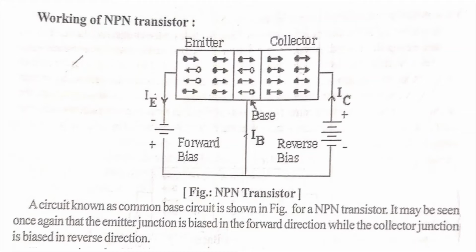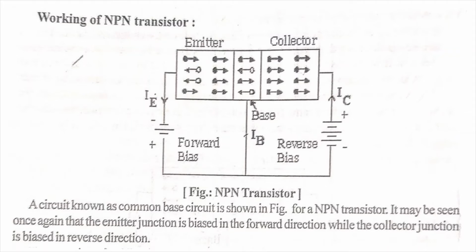In the case of a PNP transistor, the current carriers are holes. Now here the current carriers are electrons. With the emitter voltage applied as shown in the figure, electrons are repelled from the negative terminal.